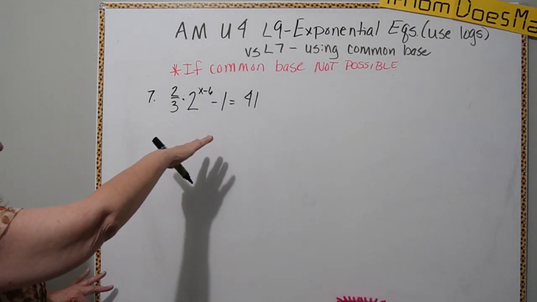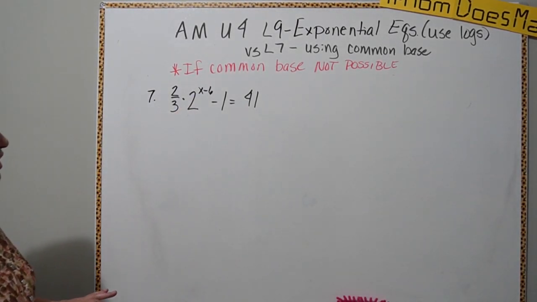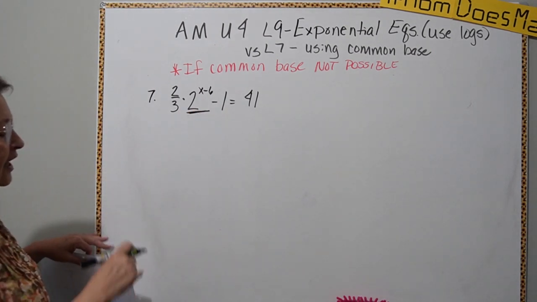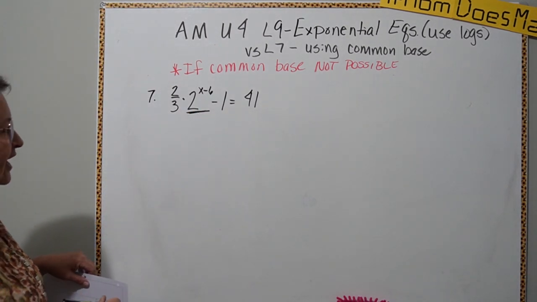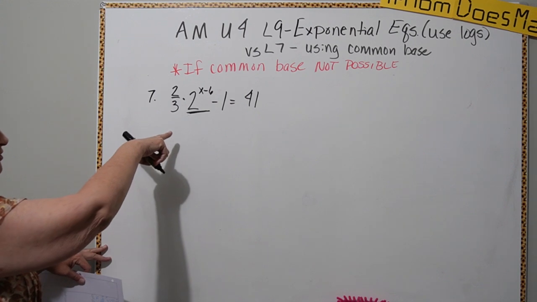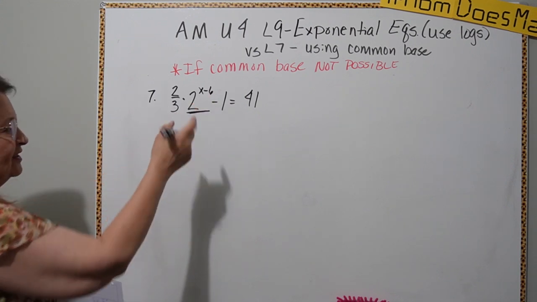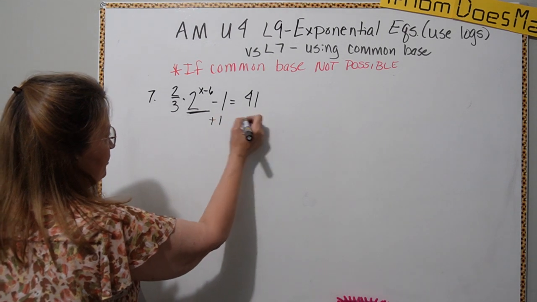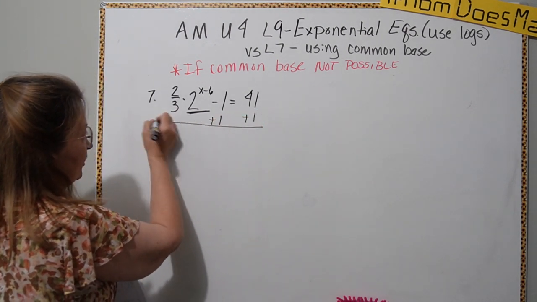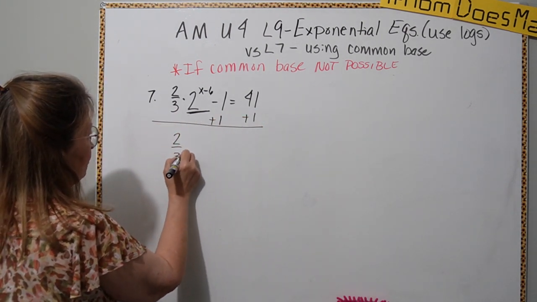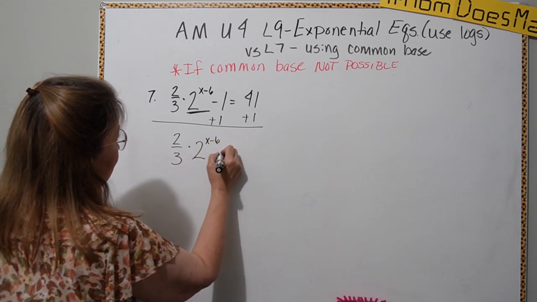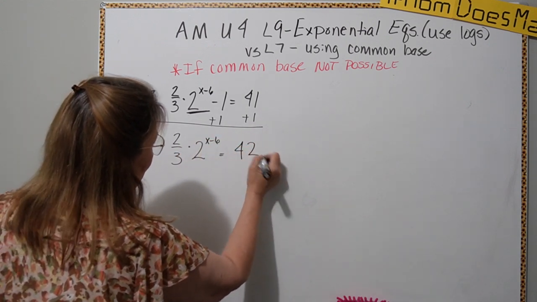Okay, so number 7 is a hot mess here. So let's identify our exponential, and then let's start getting rid of things that are attached. 2/3 is attached by multiplication, and 1 is attached by subtraction. So we want to undo the addition subtraction first. So we're going to add 1 to each side. Now I have 2/3 times 2 to the x minus 6 is equal to 42.